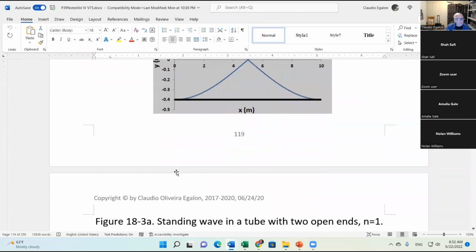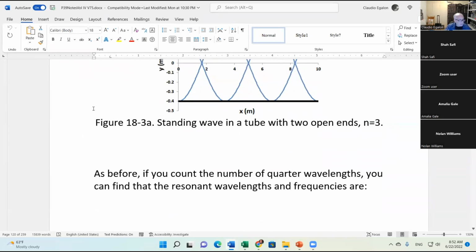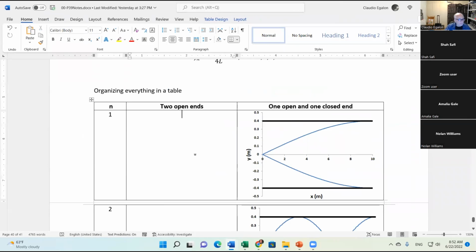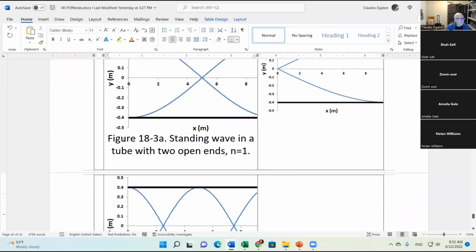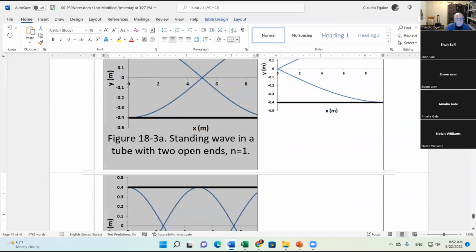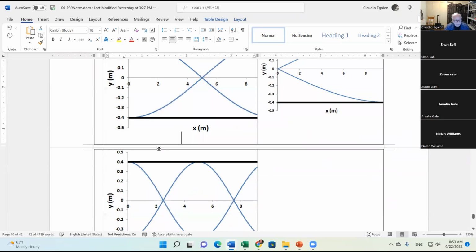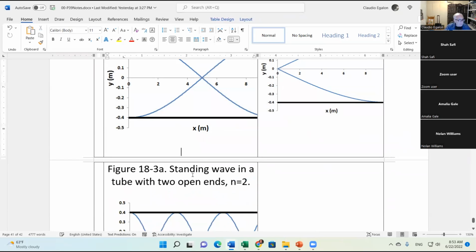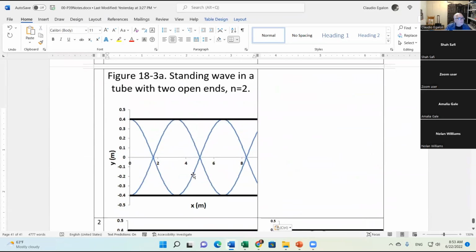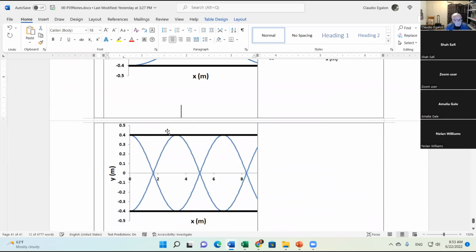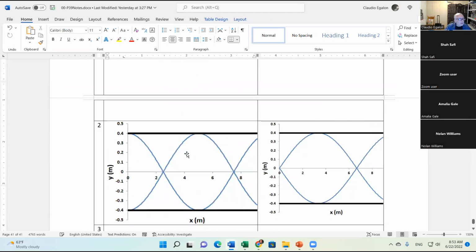I'm going to copy everything at once. Here you go. n equals 2. n equals 3.